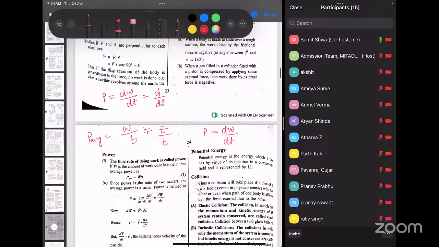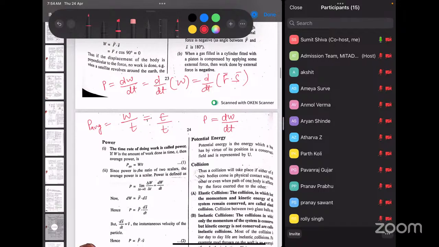dW by dt is the time derivative of work done, which is d by dt of F dot S. Let's say force F is constant, then this will be F dot dS by dt, which will be the velocity vector v, because S is displacement, and the time derivative of displacement is velocity.